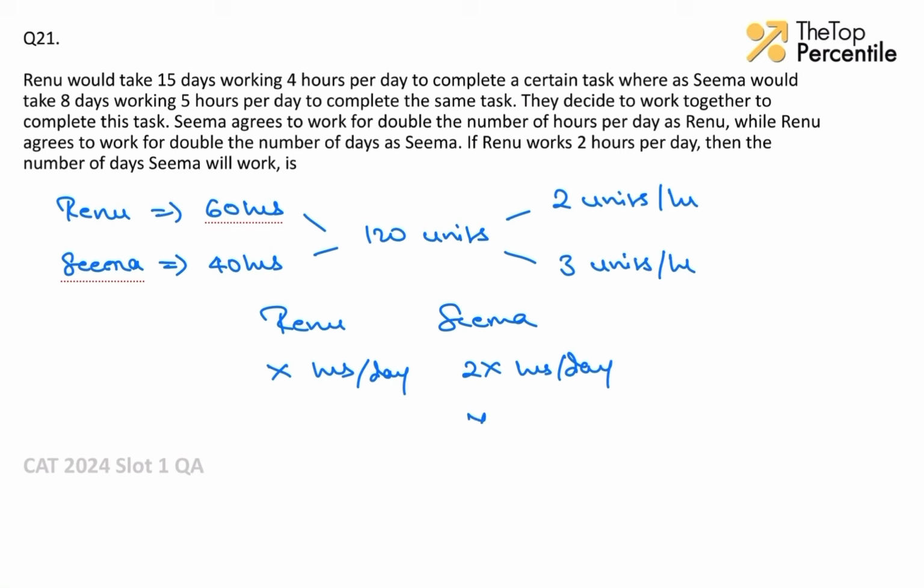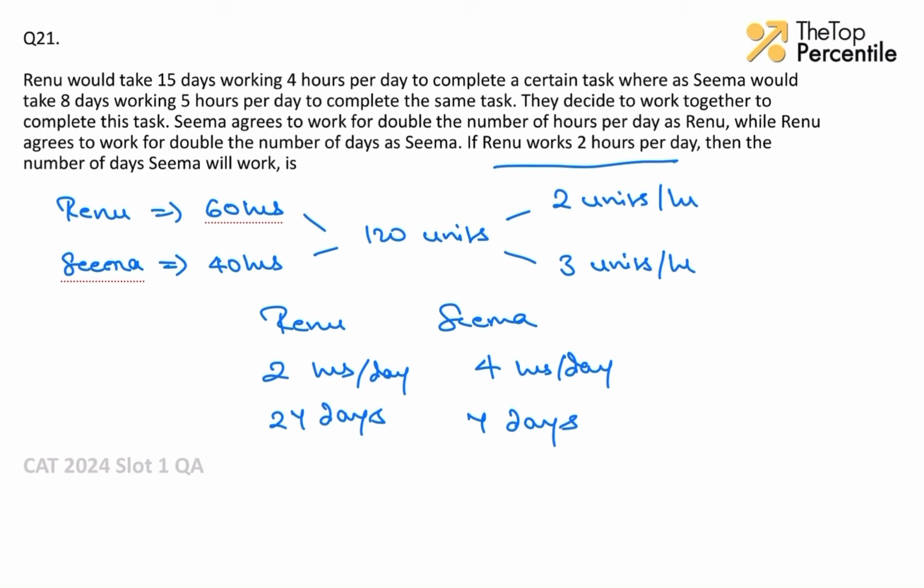So if Seema is taking y days, Renu will take 2y days. If Renu works 2 hours per day, then Seema will be working for 2 into 2, 4 hours per day.